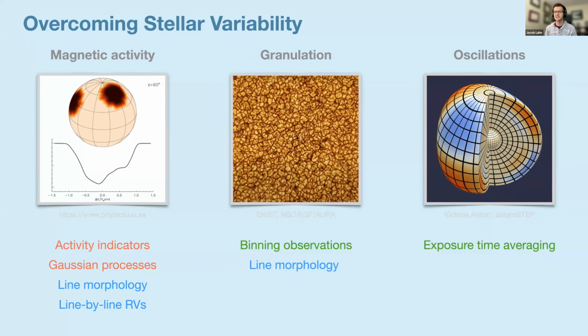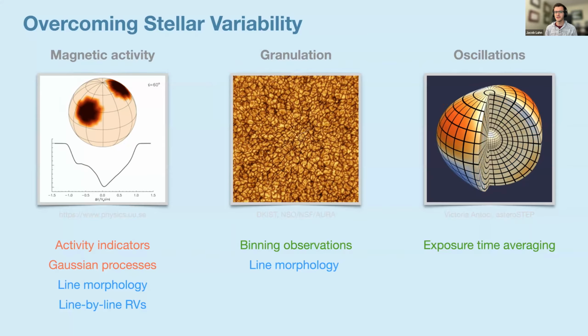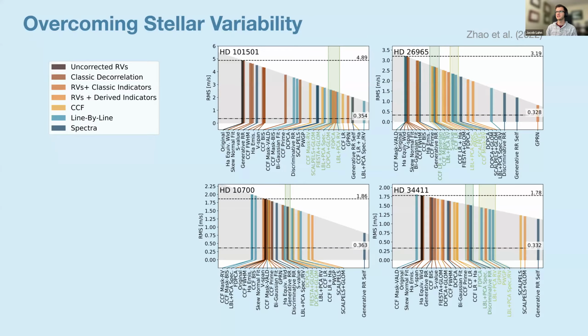And I just want to highlight some results from Lily Zhao's work with the EXPRES Stellar Signals project that looked at a lot of these leading techniques, similarly color-coded, but at a much more granular scale by the broad category or the broad method that they use to try to remove these effects. And this study was performed on a sample of 4 stars.